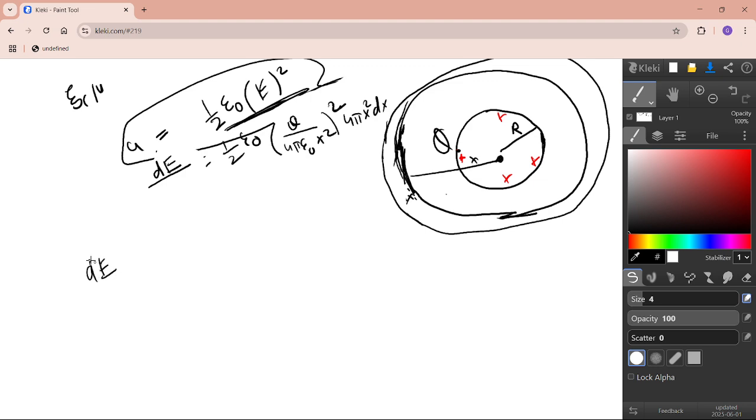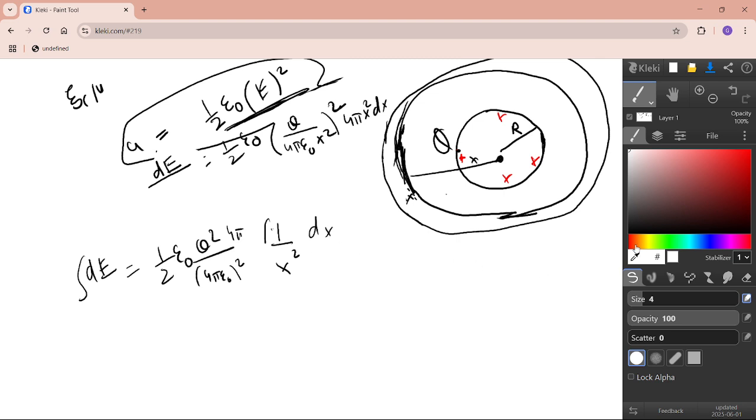So the stored energy, or the potential energy, is half epsilon naught times q square upon 4 pi epsilon naught, whole square, times 1 upon x square, and x square gets cut, leaving 1 upon x square times 4 pi dx. You make these thin spherical shells from the radius r all the way to infinity.